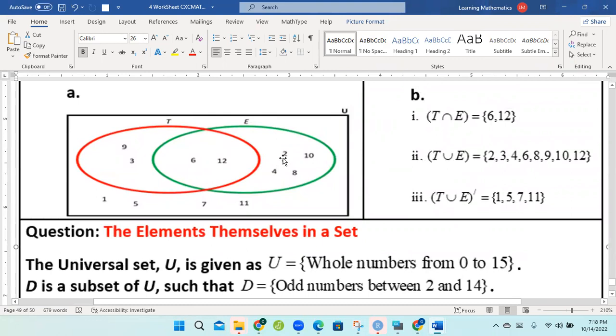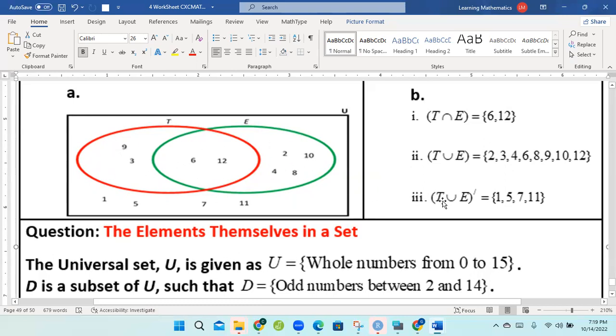So we can start with 2, 3, 4, 5 is not there, 6, 7 is not there, 8, 9, 10, 11 is not there, and 12. So these values are in the union. I normally call it the sliding down 8, the infinity sign on its side, that is the union.